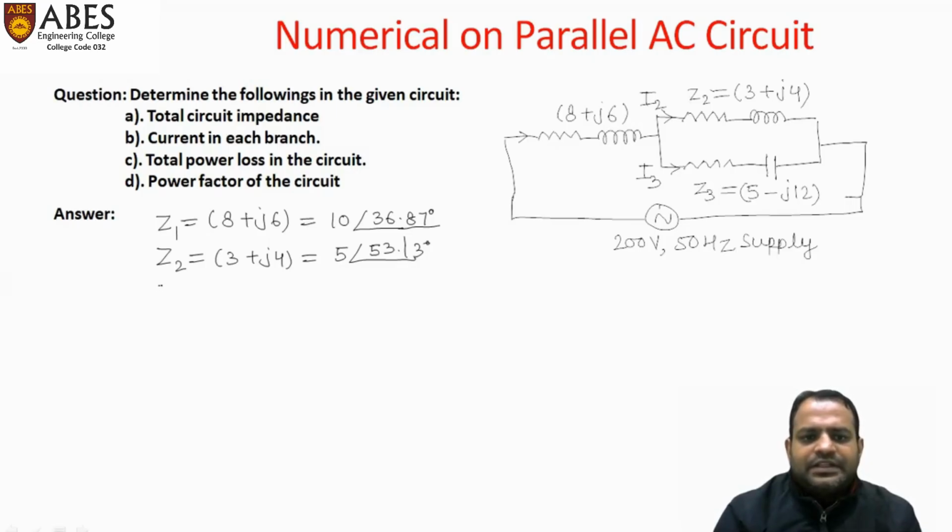Now we have Z3, which is 5 minus J12, and this is converted into the polar form, which is 13 angle minus 67.38 degree.